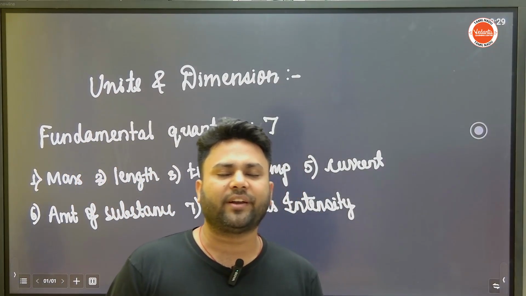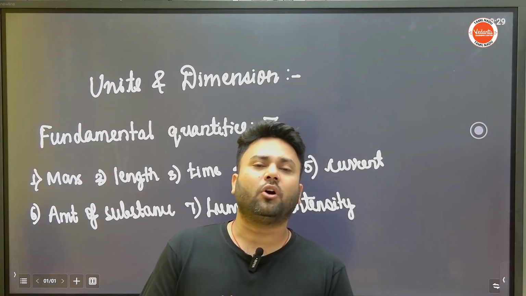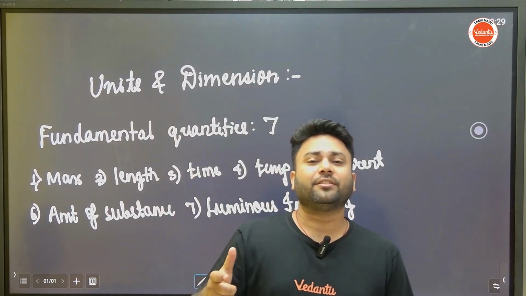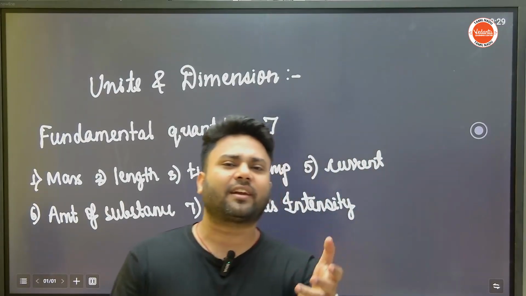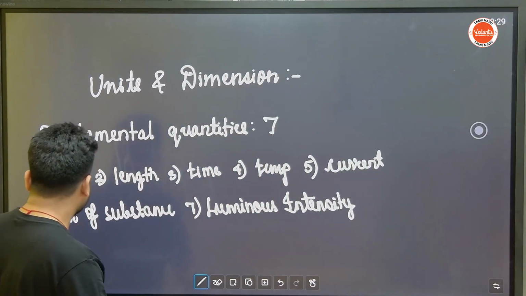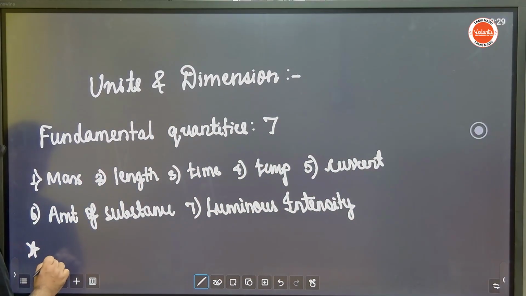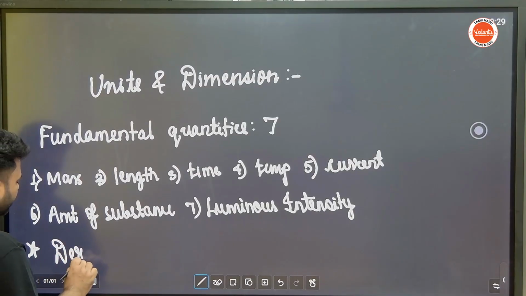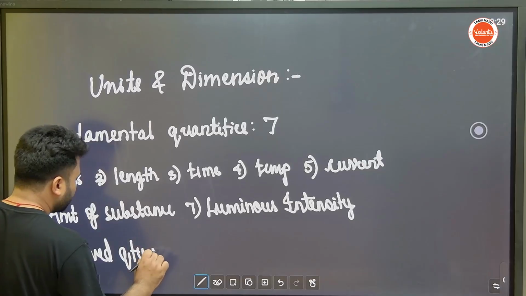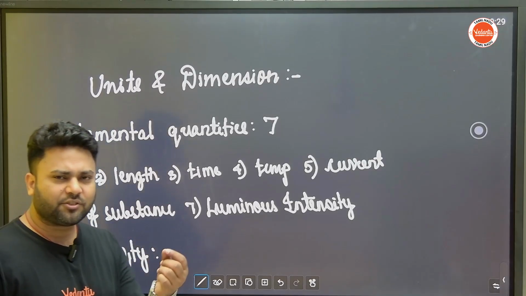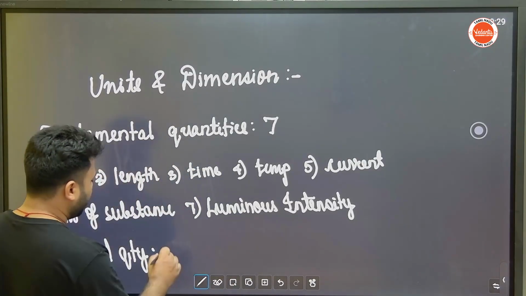What are fundamental quantities? The quantities which do not require other quantities to define them. There is another kind of quantity which we call derived quantity. For just one example, I am going to take area.